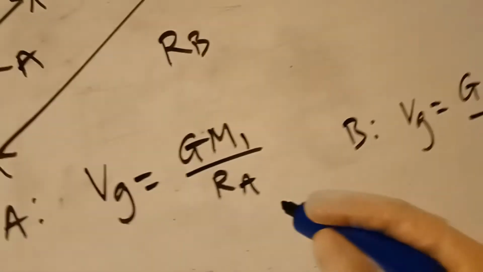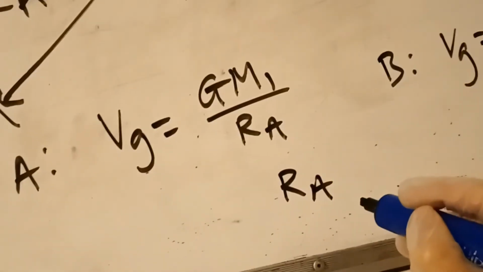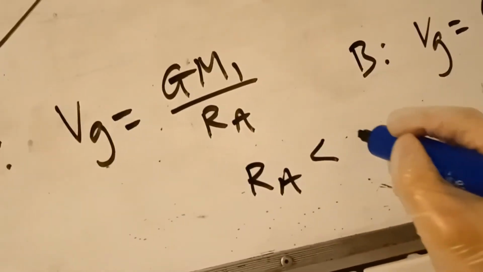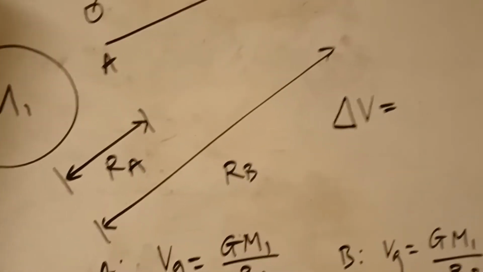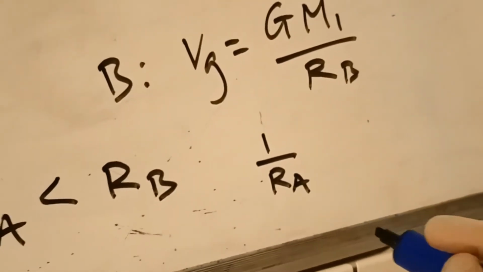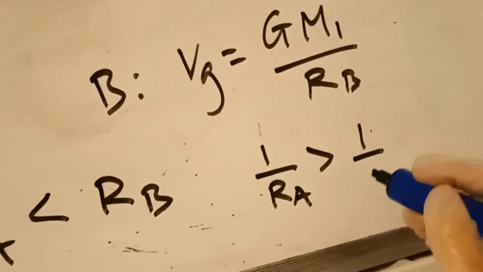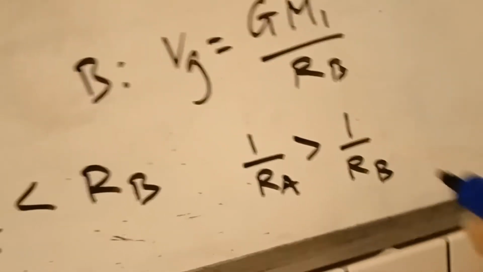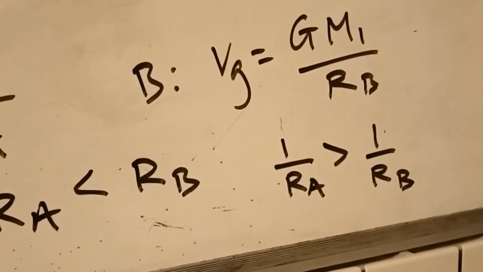Now, RA is less than RB, so RA is less than RB. That means 1 over RA is bigger than 1 over RB.